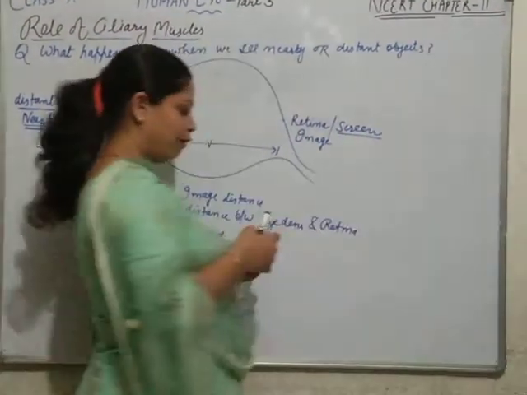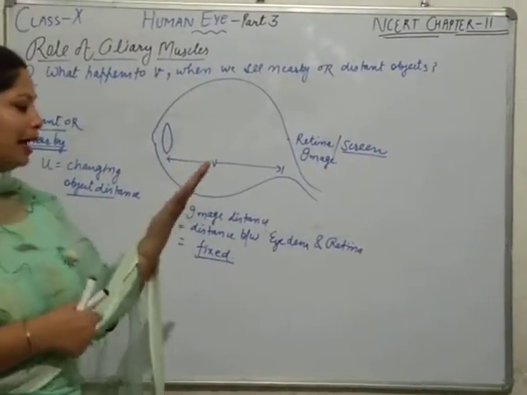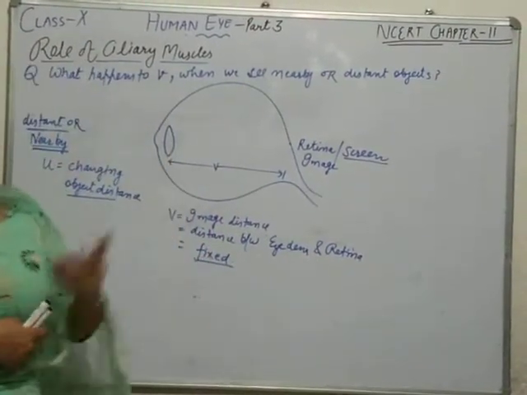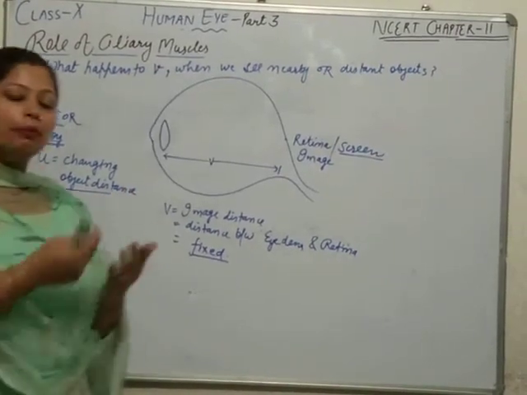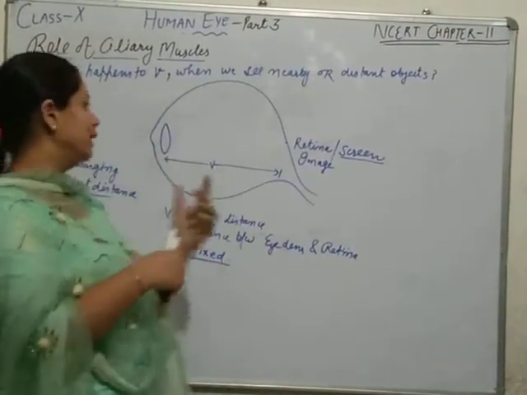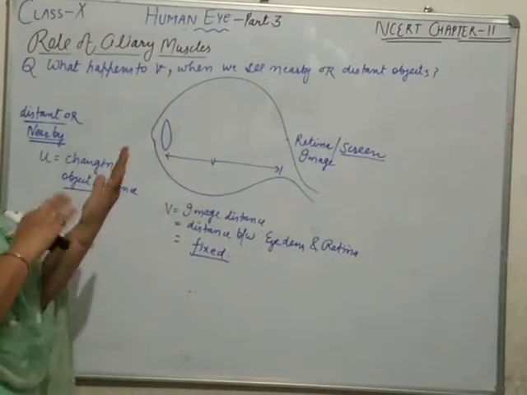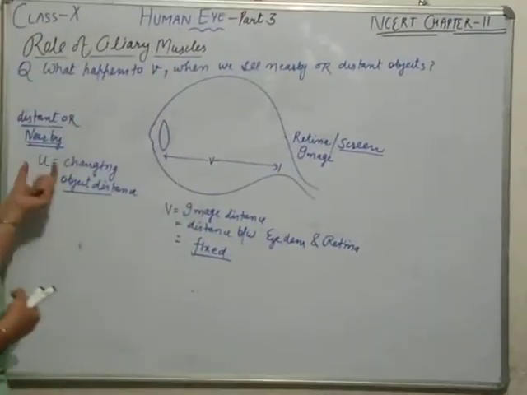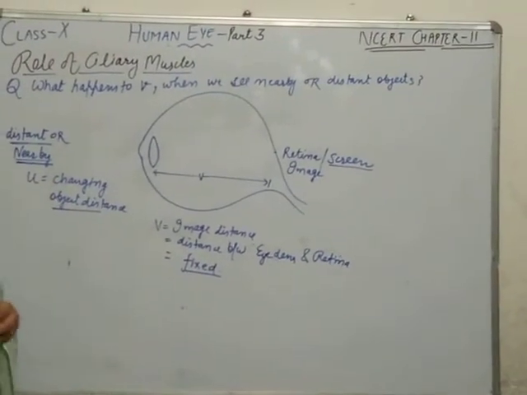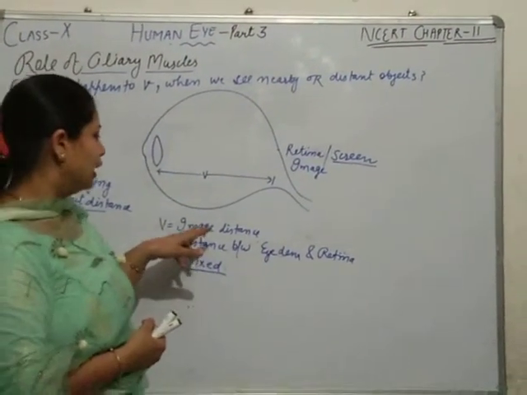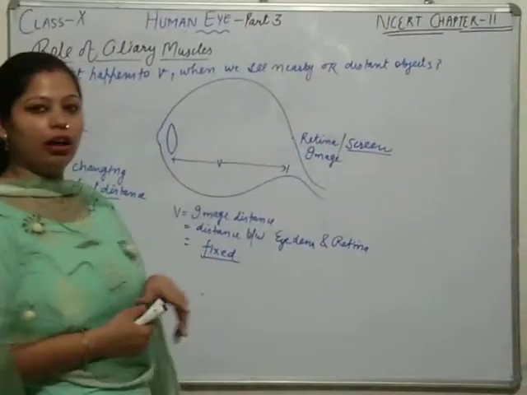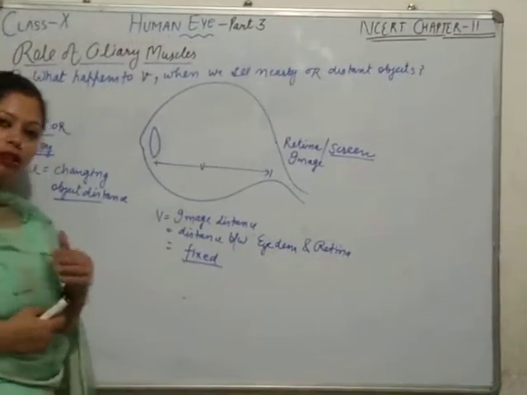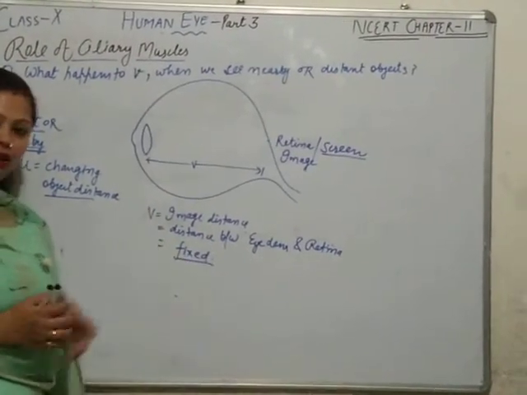For example, when I see the palm of my hand, or I see a distant tree, the distance between the object and the eye lens, U, is changing. Sometimes I am seeing a nearby object and sometimes a distant object, so U, the object distance, is changing. But in every situation, the image is to be formed at the retina. The separation between the lens and the retina is always constant. Image distance is always fixed.